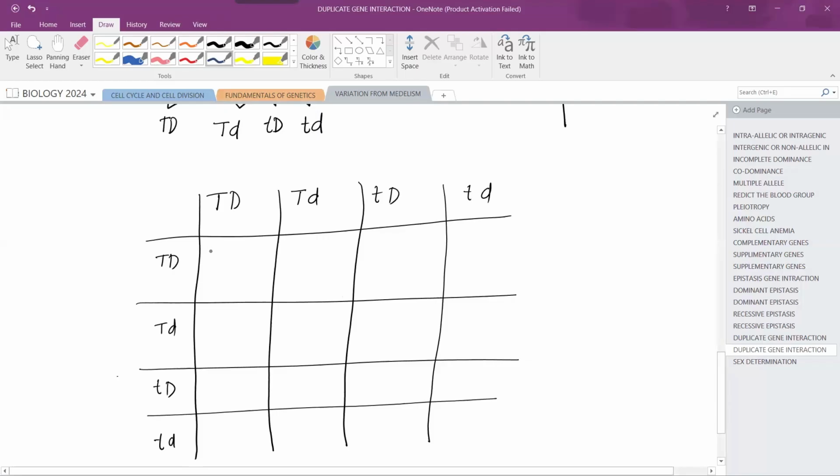Tell me what is the genotypic combination for this progeny?